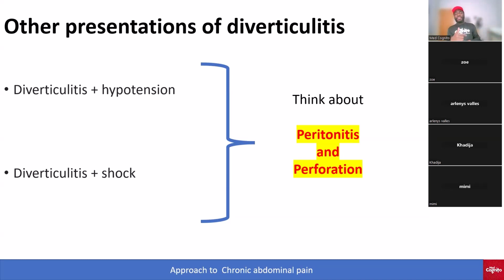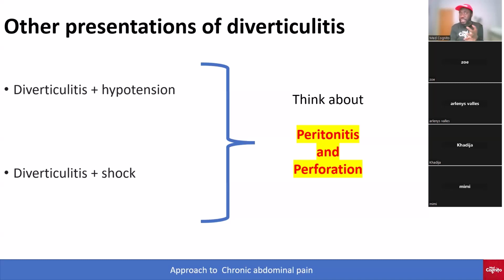At the same time, if I present a patient with suspected diverticulitis with shock, it should also lead there. So when I see a patient with left lower quadrant pain and unstable vitals, I should start thinking about peritonitis and perforation.